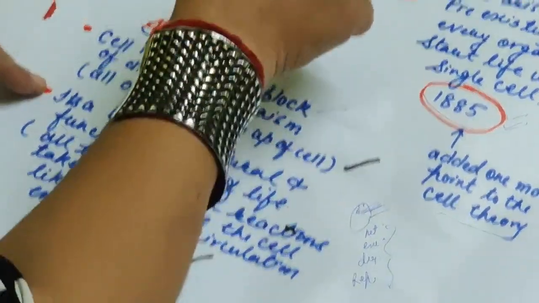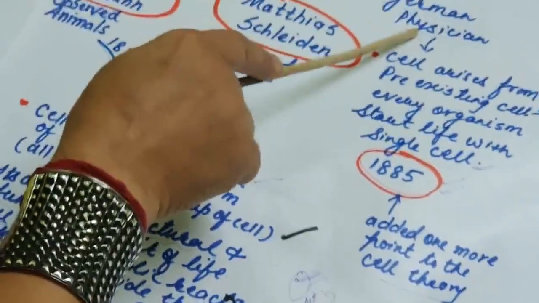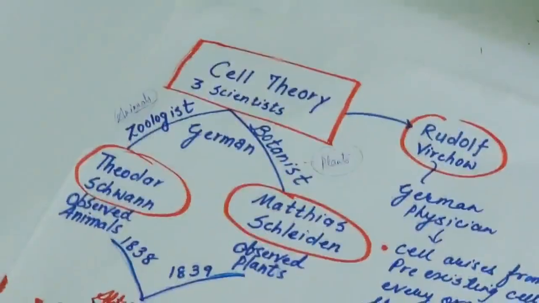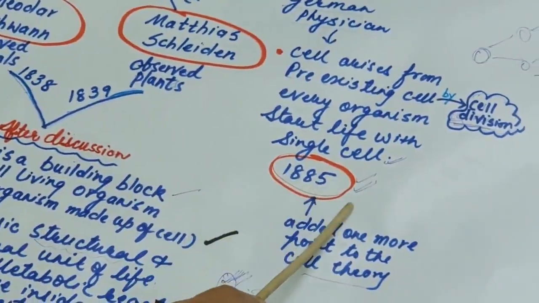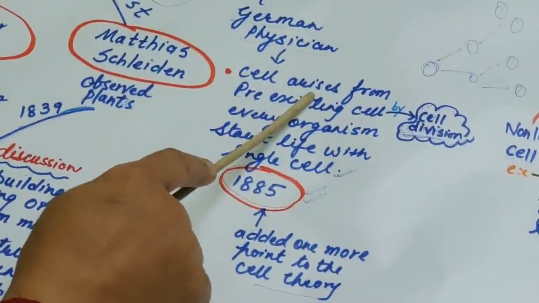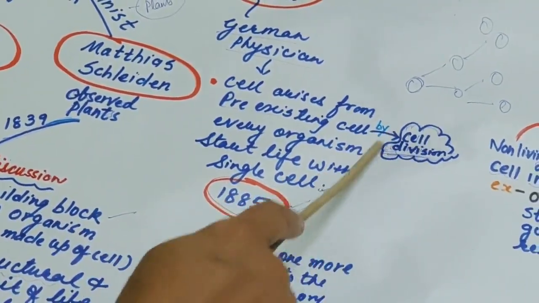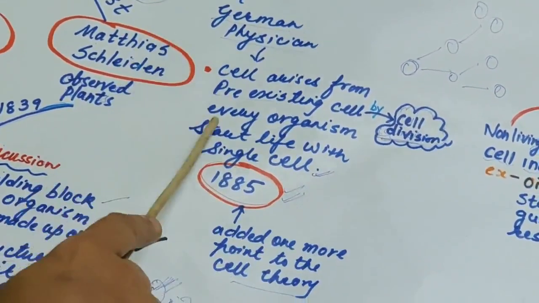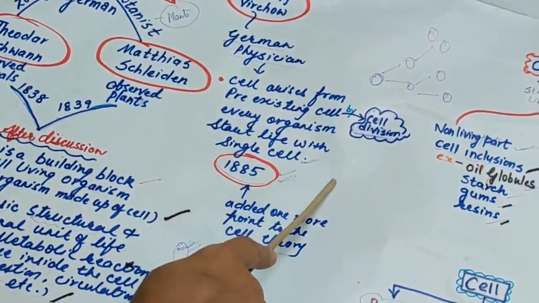Now there was another scientist, Rudolf Virchow. He was a German physician. He added one more point to this cell theory in 1885. What he said, let's see. He said cells arise from pre-existing cells by cell division, and every organism starts life with a single cell.